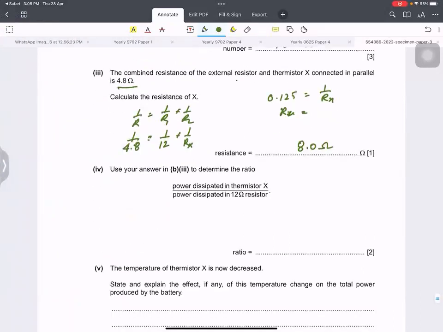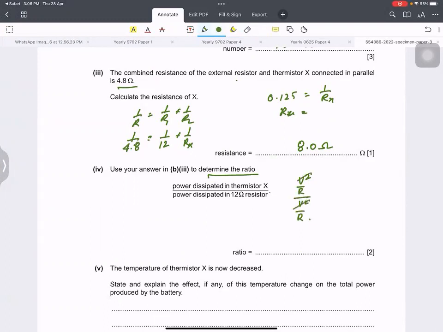Okay. Now use your answers, determine the ratio of power. Okay. Interesting. Which power equation should we use here? I think it would be best to use V squared over R, because they will have the same voltages, right?